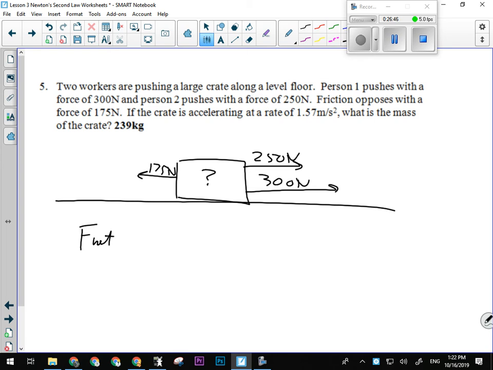F net will be 250 plus 300, which is 550, minus 175, which would give us 400. It is 375, right? Yes. 375 newtons. There's my net force. The question also tells me that the acceleration is 1.57 meters per second squared.